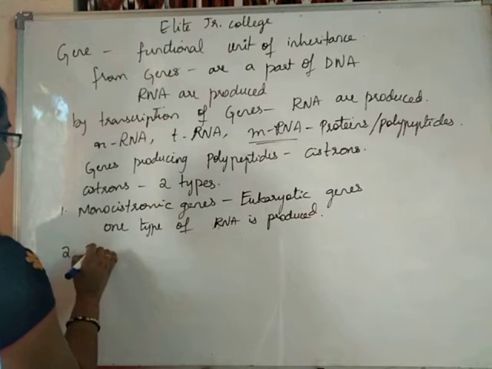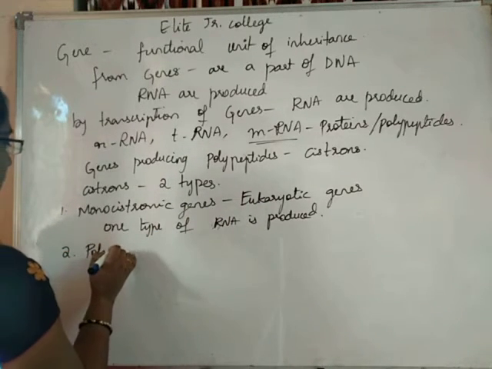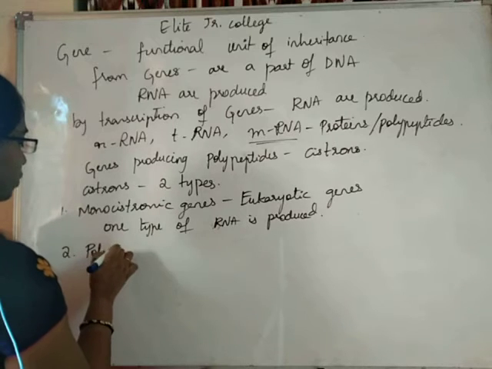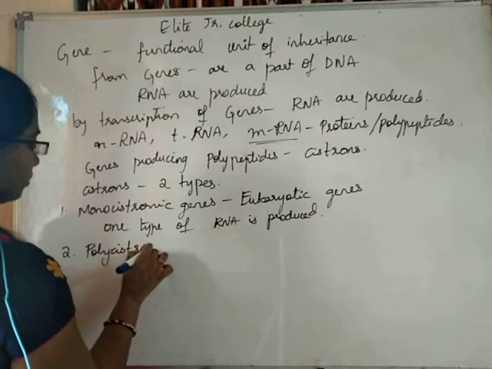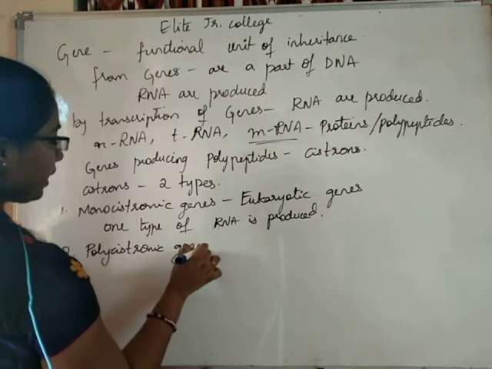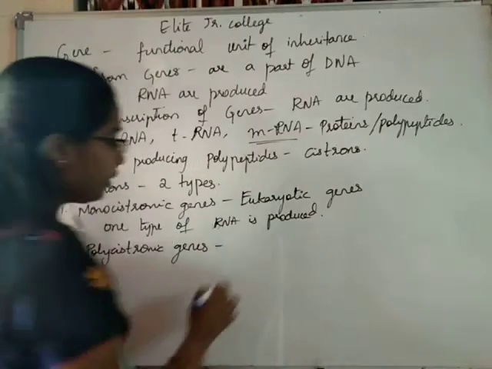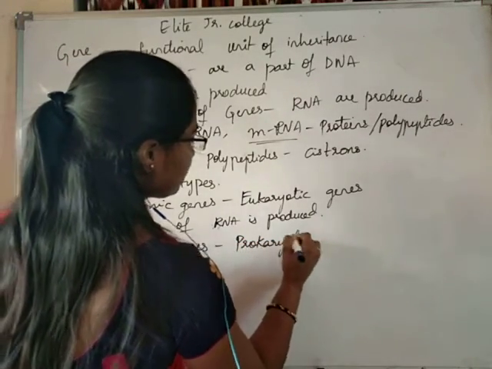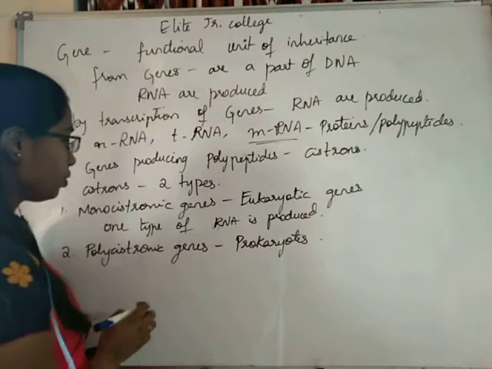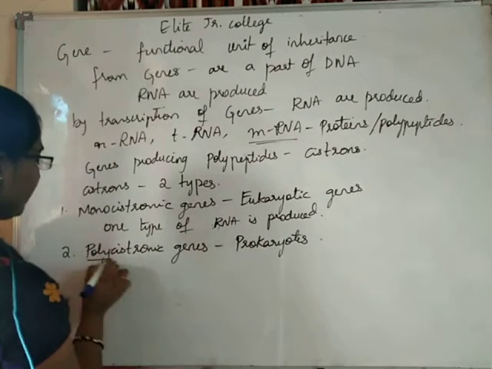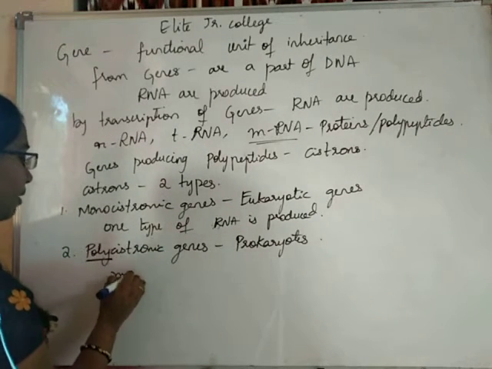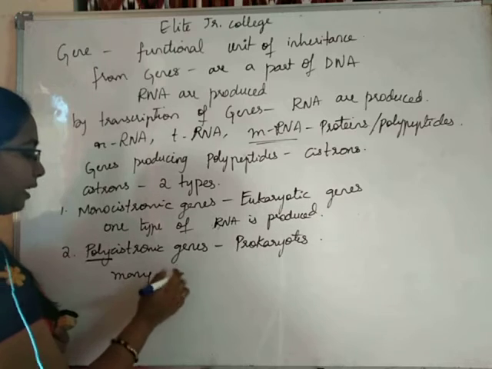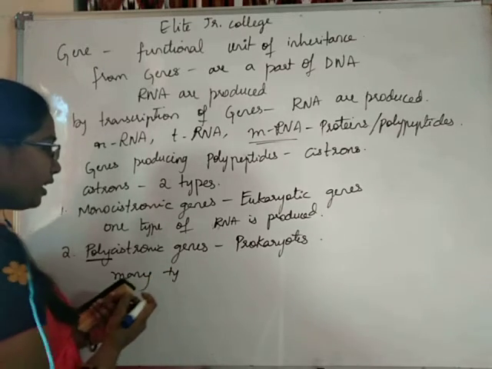But when you see the other type of cistronic genes, polycistronic genes, they are found in prokaryotes. See, the word poly indicates many.